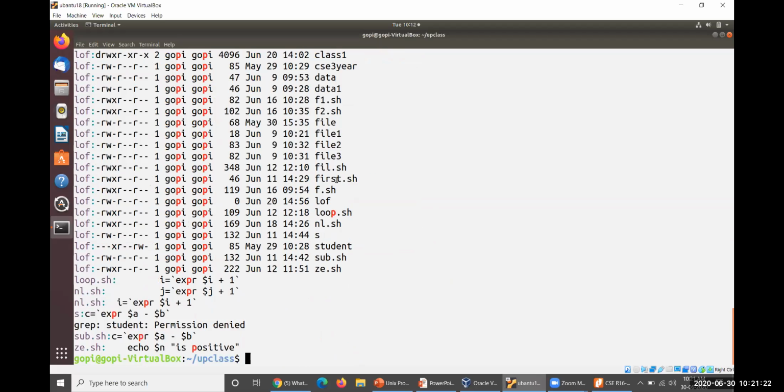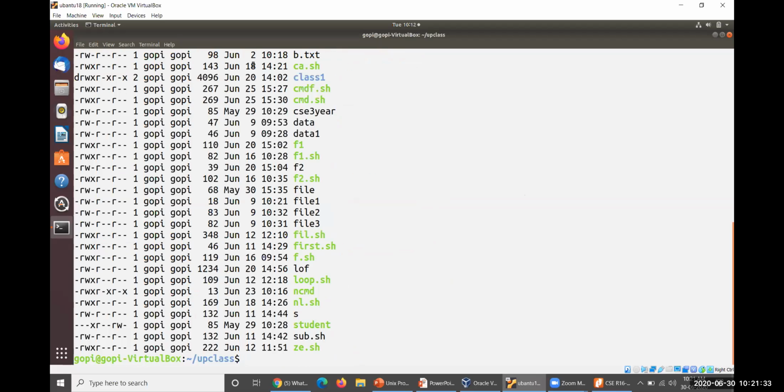And moreover, the files which have RWX permissions within the listing. Understand ls -l: I'd like to display the files which have RWX as user permissions. So ls -l, then give this particular grep. What exactly are you supposed to do?